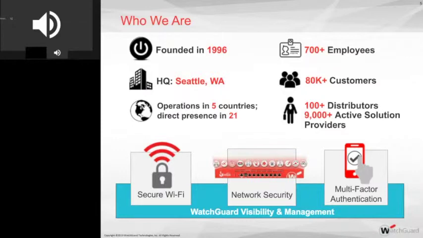And now, when you look at the WatchGuard portfolio, we have a very significant and built-out secure Wi-Fi offering. We have a full network security solution that we'll discuss briefly today from the visibility perspective. And then we have a fully functional, fully competitive multi-factor authentication solution as well.